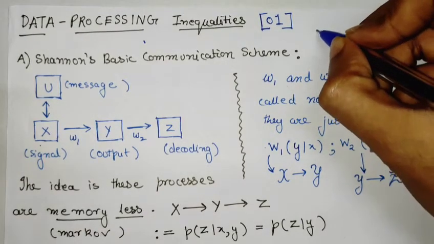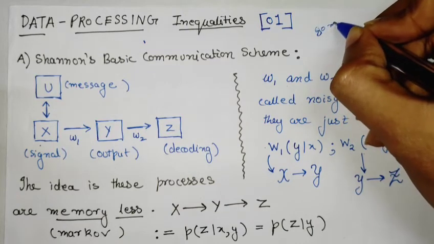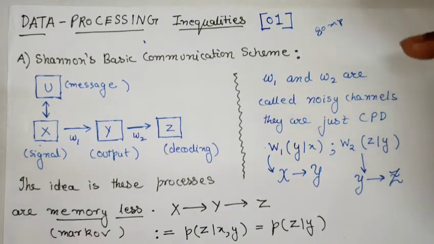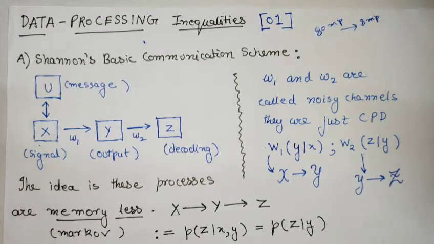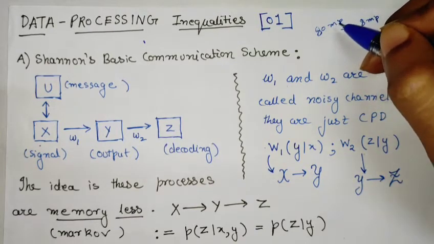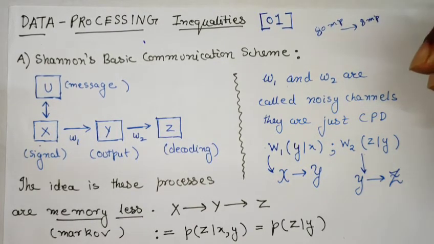Suppose from the 80 megapixel phone you send it to a very old phone with an 8 megapixel camera processor. Then you will see that the vividness of the data stored in your 80 megapixel phone would have been significantly depleted.